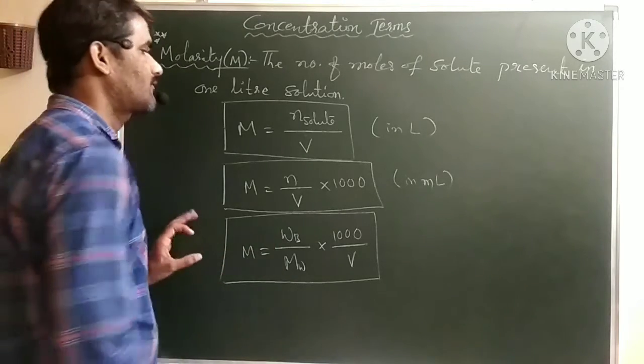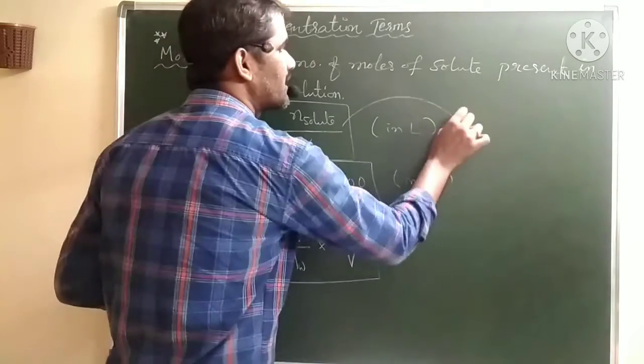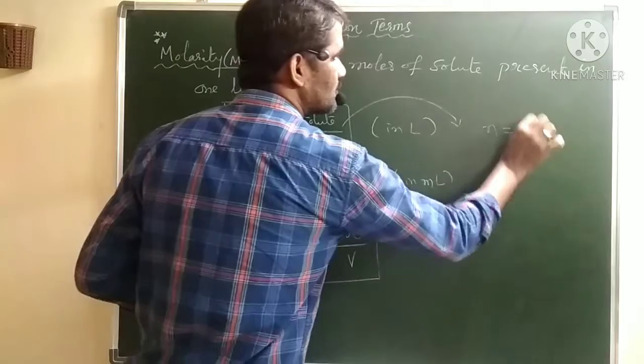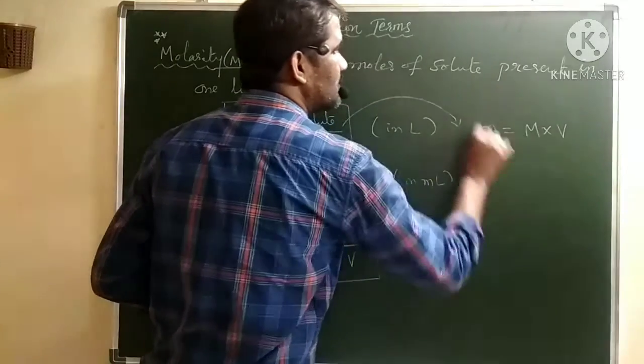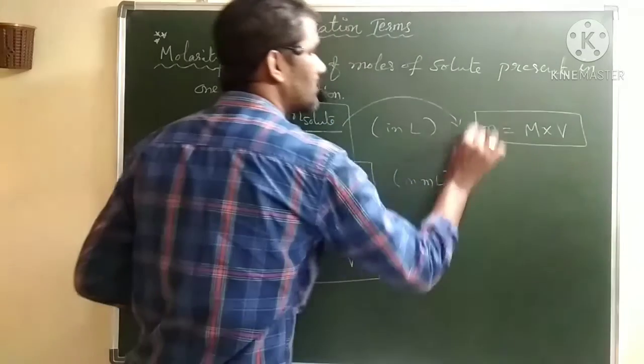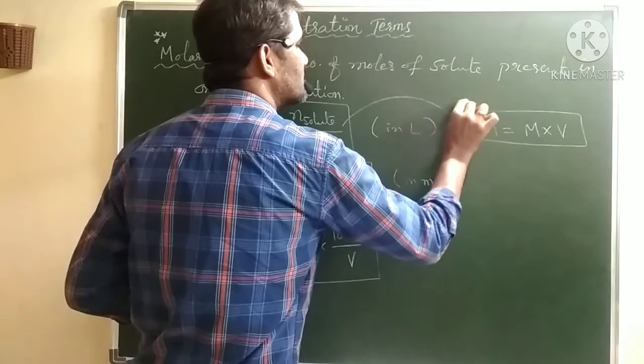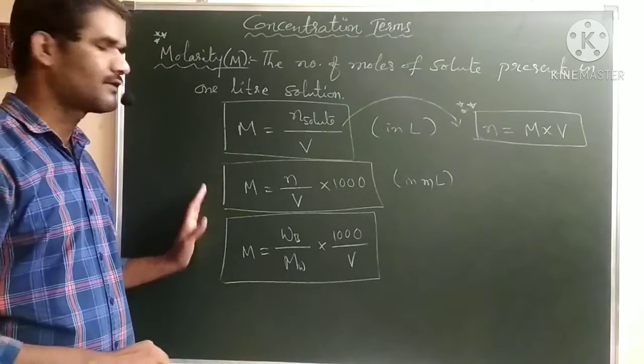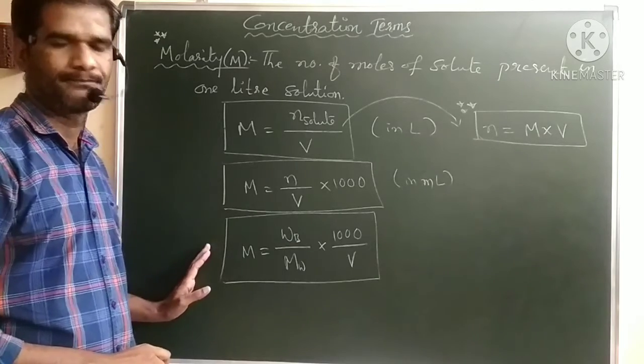And one more important formula from the starting equation, that is number of moles of solute is equals to molarity into volume. This is also a very important formula, frequently we will use. And these are the various formulas for molarity.